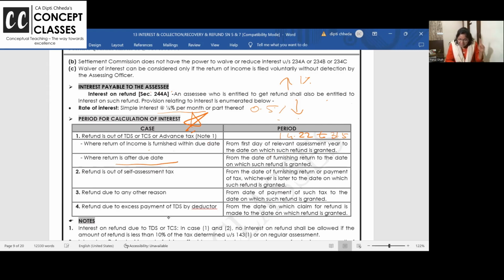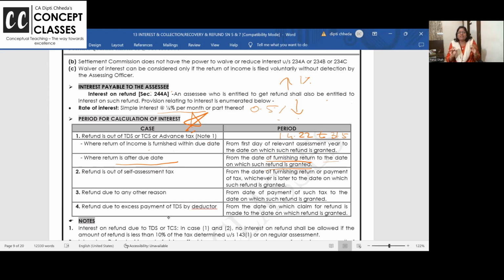If you have filed the return late, why should we give you interest from 1st April? If you have filed the return late, interest on refund will come to you from the date of furnishing the return. Because if you file the return late, till the date of furnishing the return you pay me interest under 234A. From the date of furnishing the return to the date of refund. Clear or not?